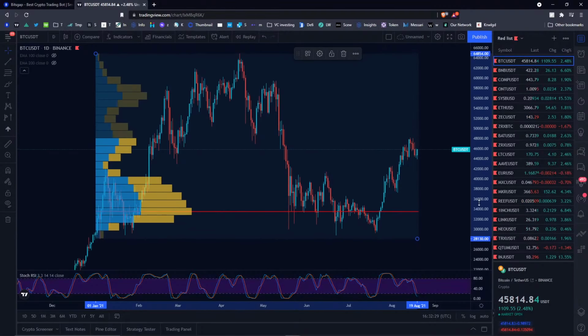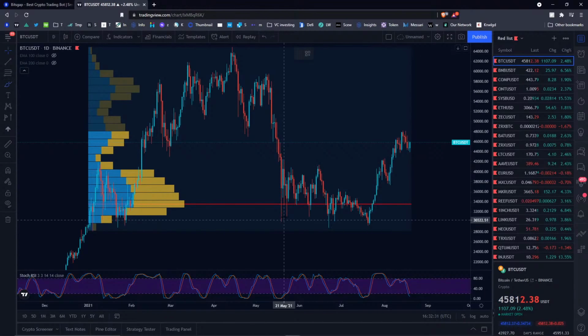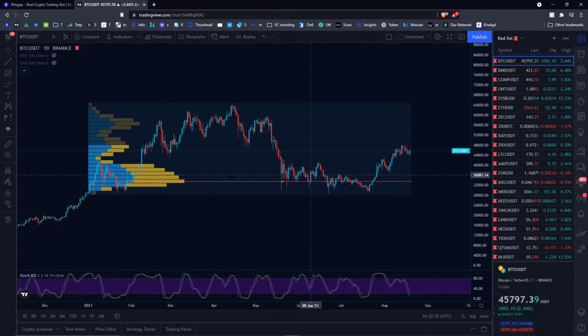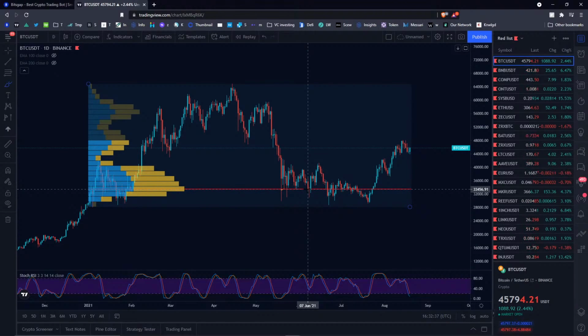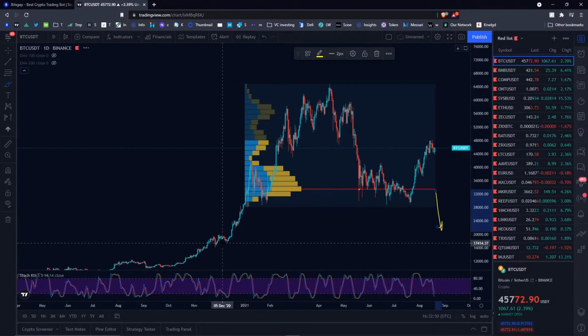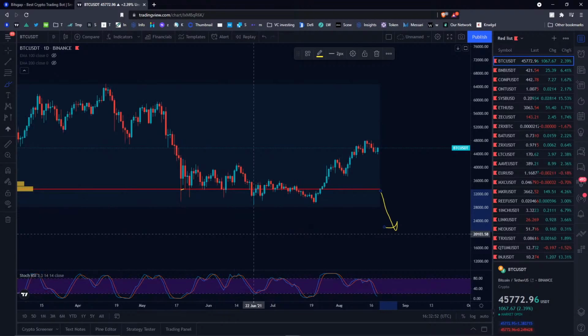So you see, since we had this prolonged time of sideways market accumulation phase, that's why we now see that the most volume is at this price level, 34k. So as far as we are trading above this level, that's a good sign. If we breach it and go below, then that's a bad sign. We can drop down to 17k or something.